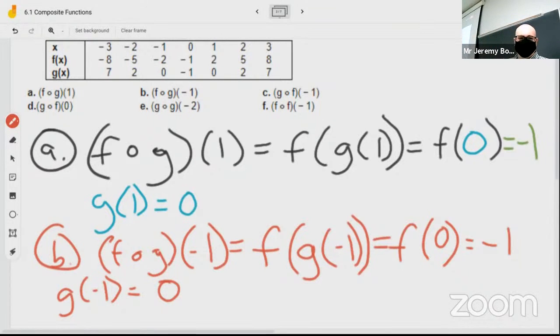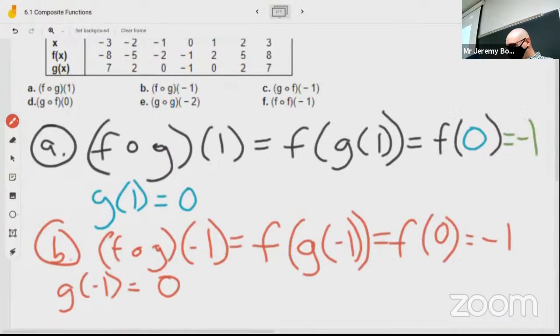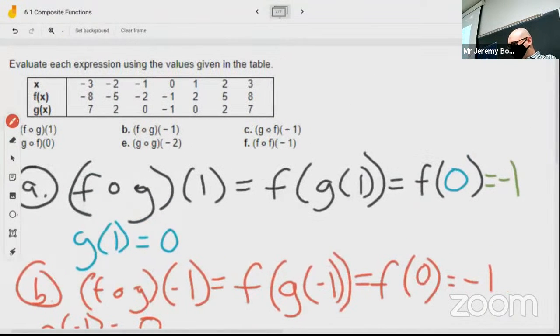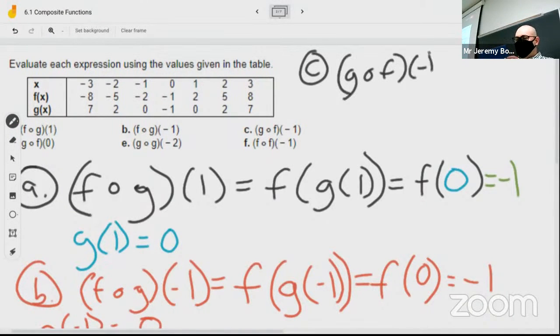Let's do one more and then I'll let y'all try the rest on your own. Let's do it up here so we can see them all. So C is what? G of F of -1. G composed with F of -1. So how are we going to write that one?